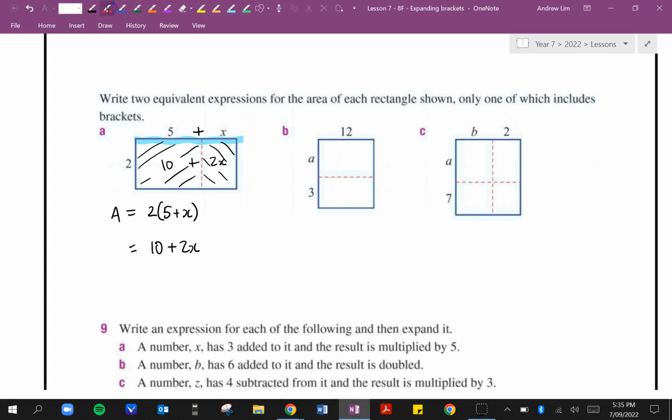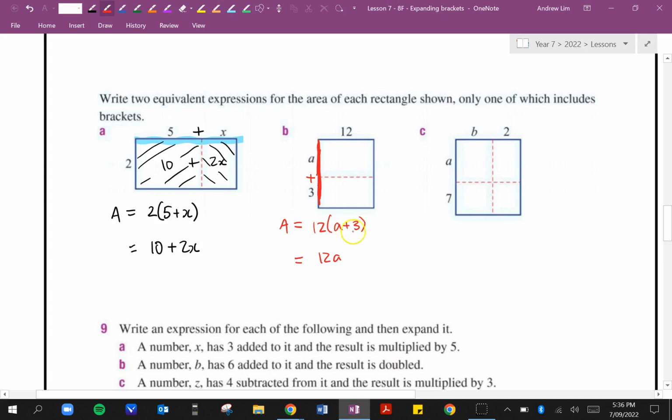Alright, question B. If this is a and this is 3, then the whole thing must be a plus 3, a and 3. So the area of this entire rectangle here has to be length times the width. Or we can expand it. 12 times a is 12a.